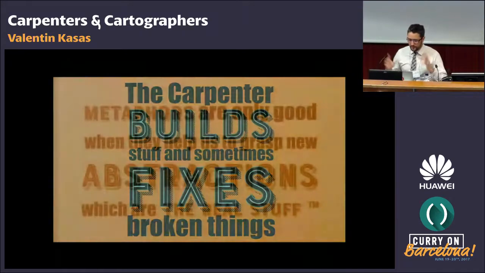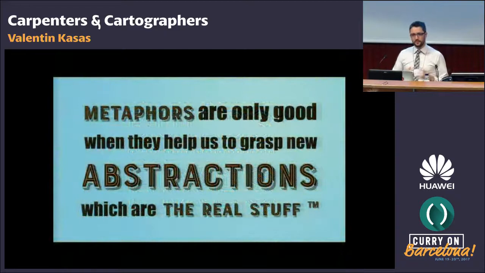But remember, the metaphors we use, which in turn shape the way we think, were only there in the first place to help us understand new abstractions. And this abstraction, this is the real thing that matters. When I say abstraction, I speak about mathematical abstractions, right?